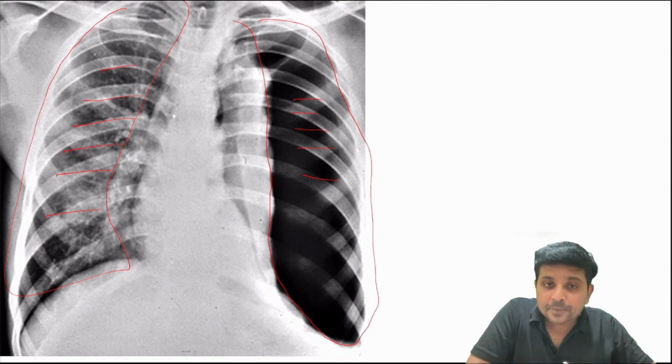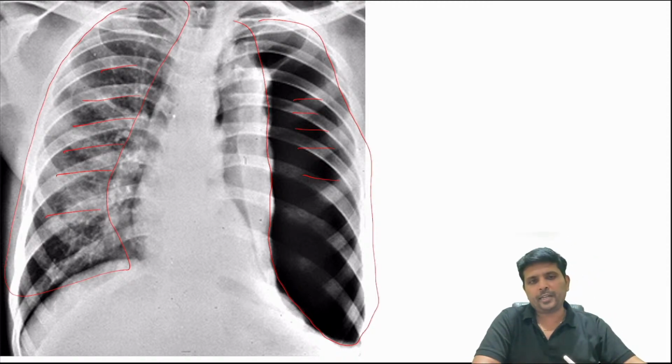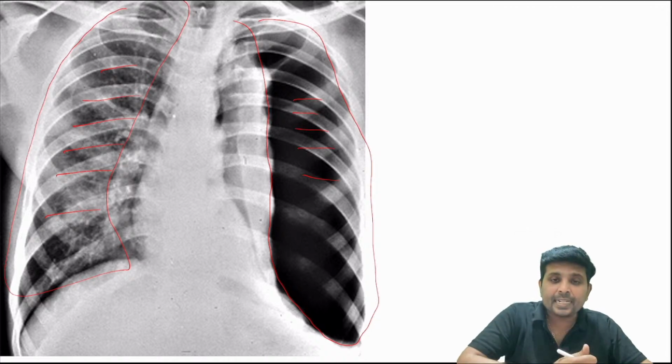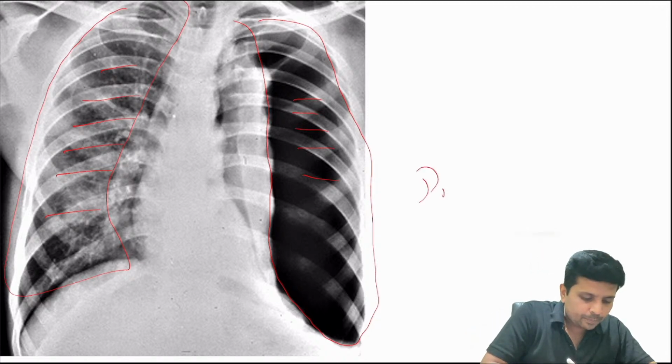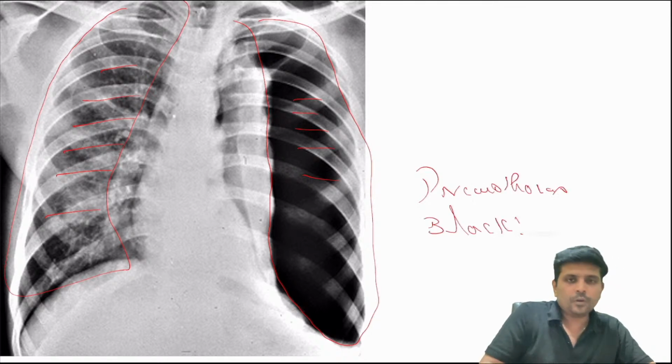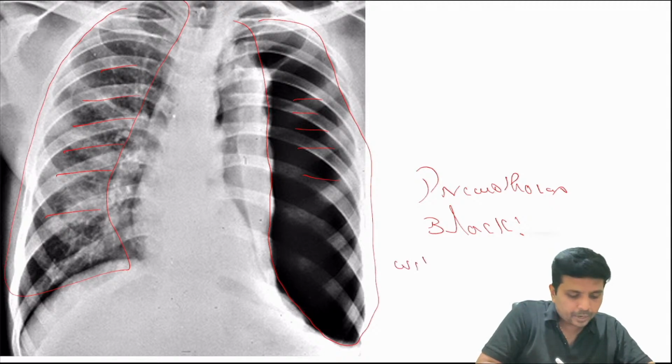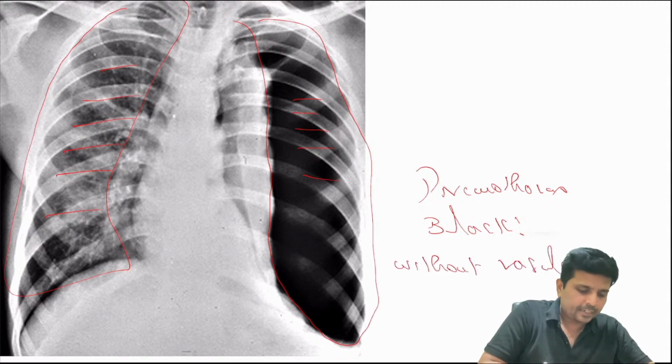Whenever there is absence of vascular markings and the lung is entirely black in color, this is called pneumothorax. Pneumothorax means black lung without vascular markings.